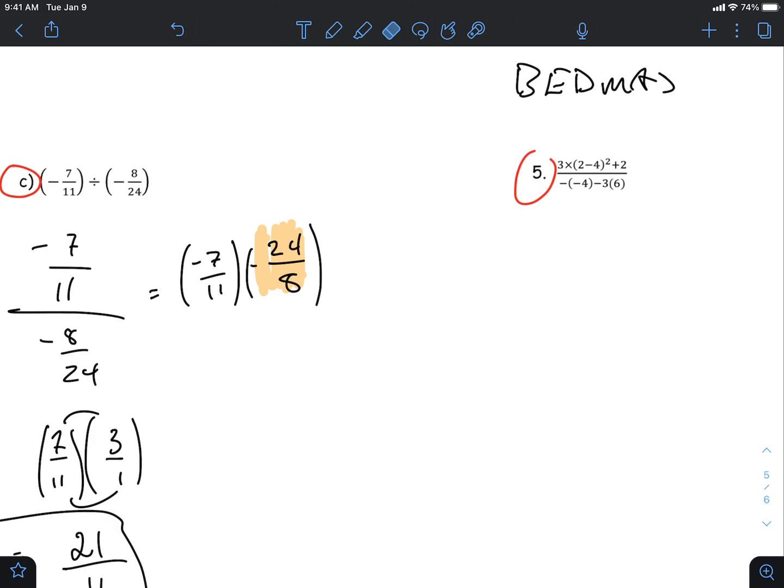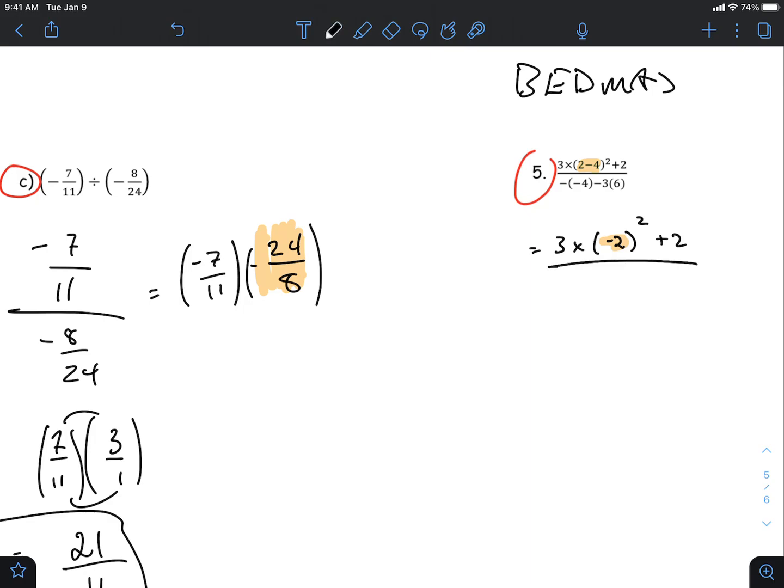Okay, so if we're going to follow BEDMAS, let's deal with anything inside of brackets first. Just in the top. So if I'm dealing with the top one, I should see 2 minus 4. So I'm going to rewrite the top. 2 minus 4 is going to be negative 2 squared plus 2. And I'll highlight that so you can see where that came from.